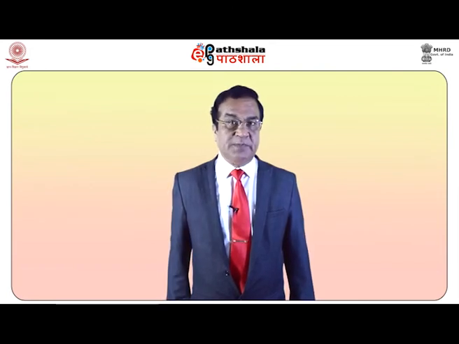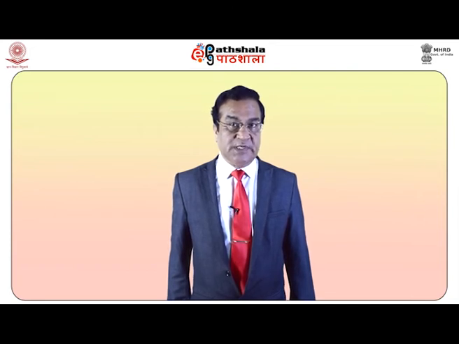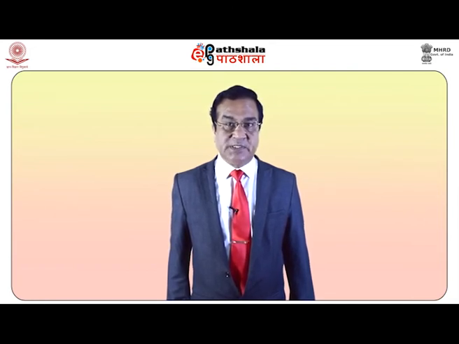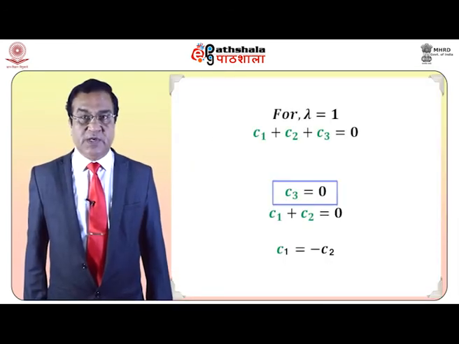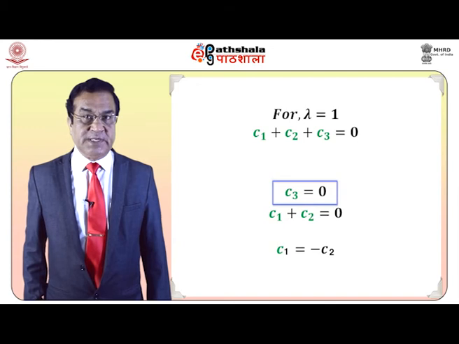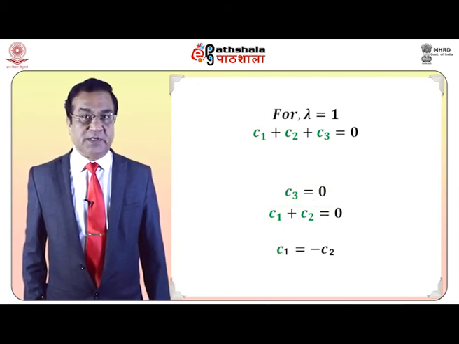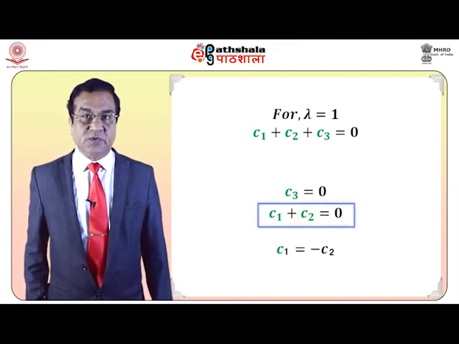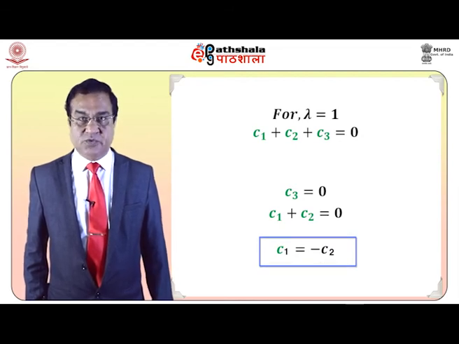One of the simplest methods for determining the coefficients for these two degenerate molecular orbitals is that we assume C3 to be equal to 0. So after putting C3 is equal to 0, each of the secular equations now becomes C1 plus C2 is equal to 0, and that means C1 is equal to minus C2.